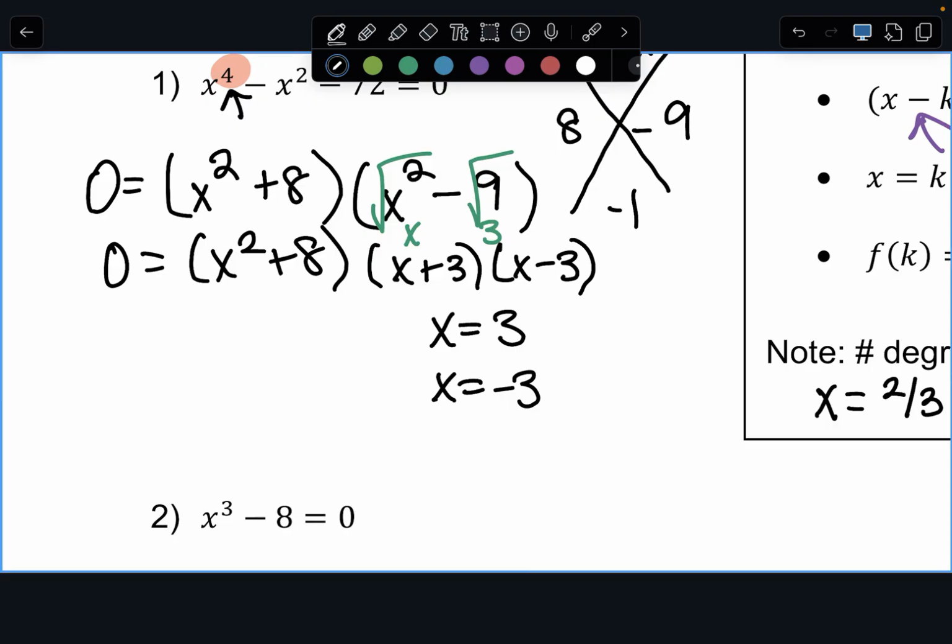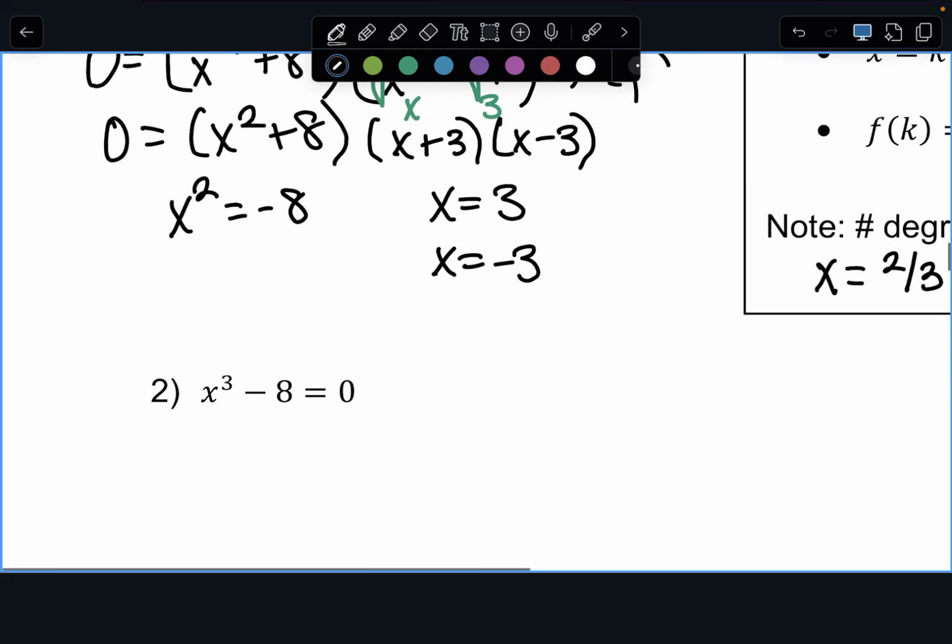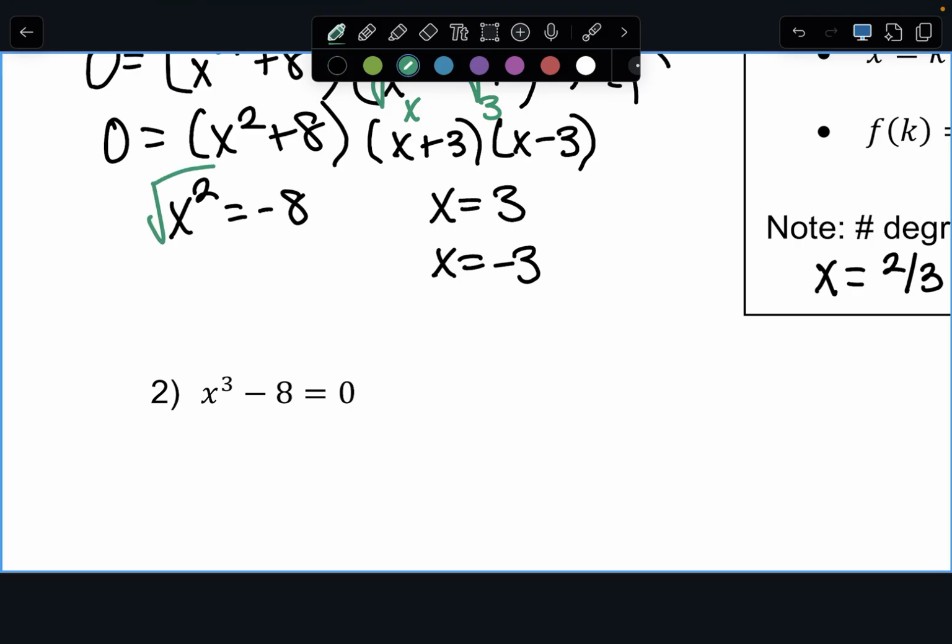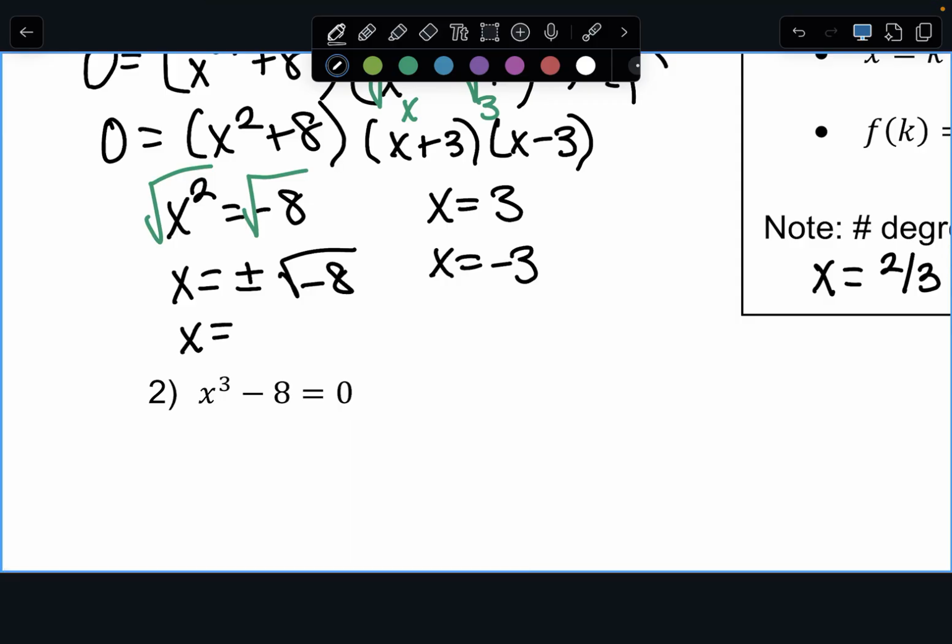On the left, x squared plus 8, I'm going to subtract the 8 over. So x squared is equal to -8. Now what? Not quite. Square root both sides. Okay. So x is equal to plus or minus the square root of -8. Can we pull out an i? Yeah, we definitely want to pull out an i. We can actually pull out a little bit more than that.